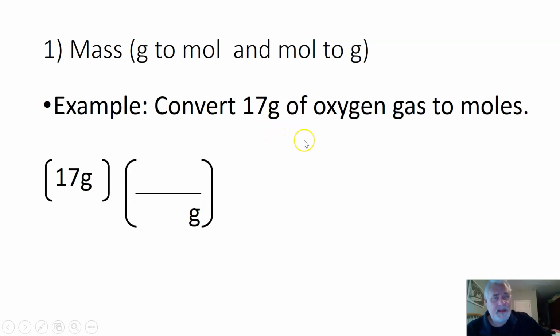Now, oxygen, you probably have this memorized: oxygen is 16.0 grams per mole. We're going to use that one place to the right because we can go moles into grams. And you're like, what? Why is it 32 grams per mole? And that is because oxygen is diatomic. It's in the magnificent 7.